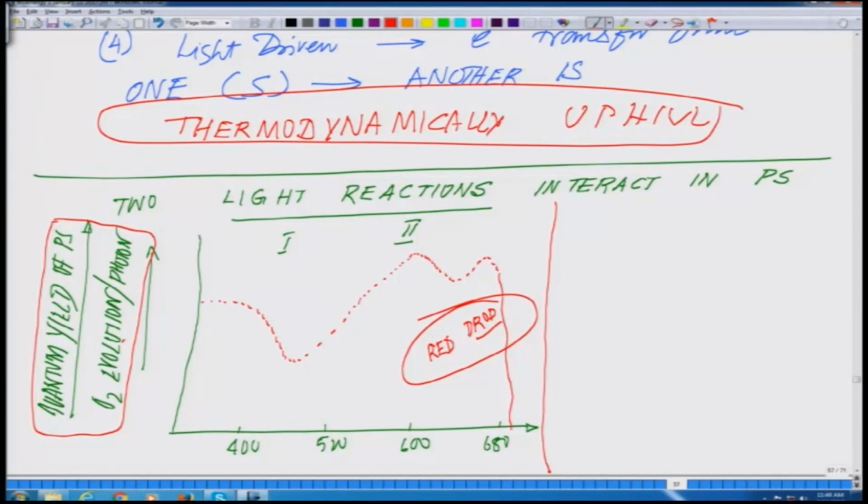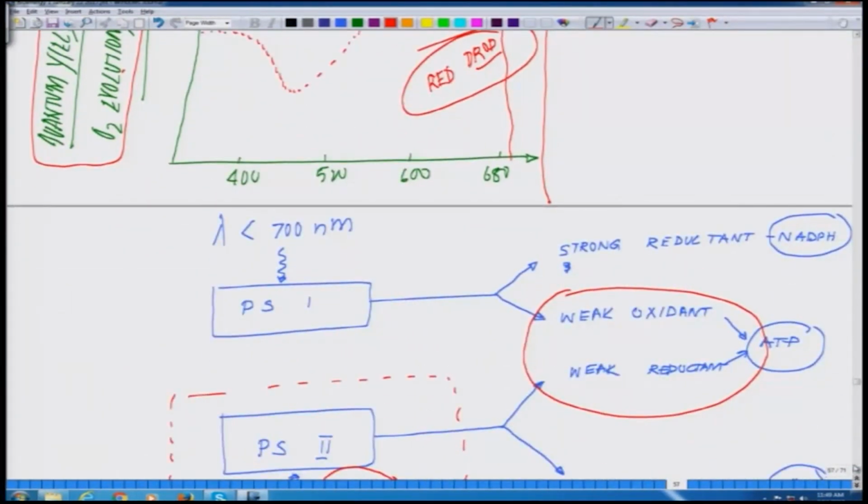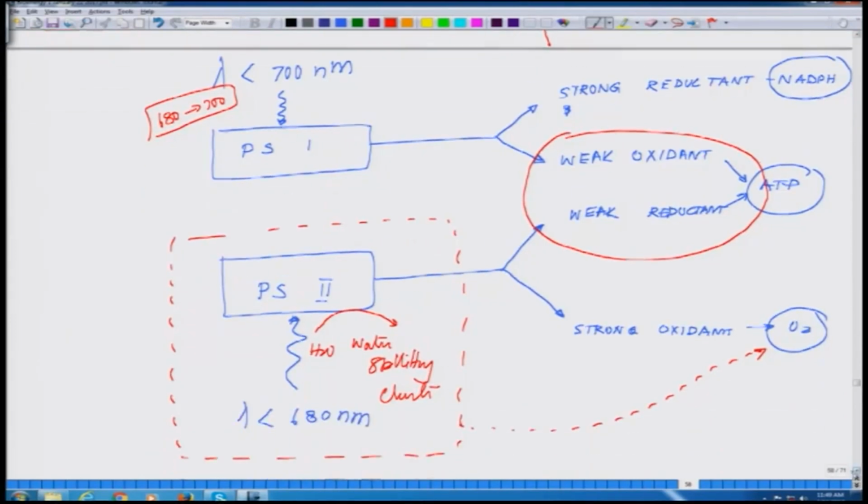Yet, the photosystem absorbs light. Why is it absorbing light? Now, coming back to this picture, because between 680 to 700, photosystem 1 is functional. So, you see a red drop out here because of this.